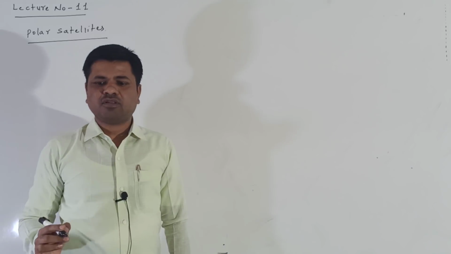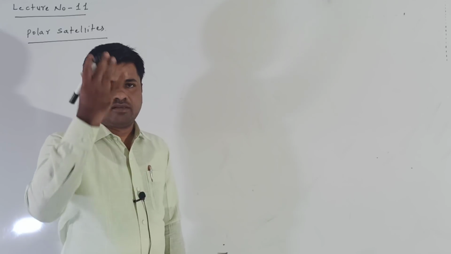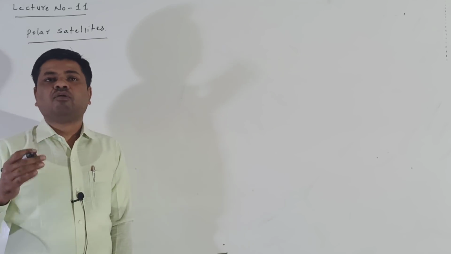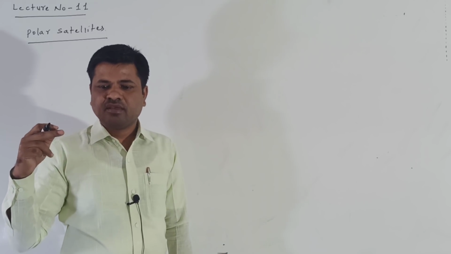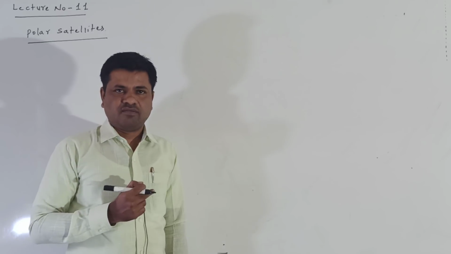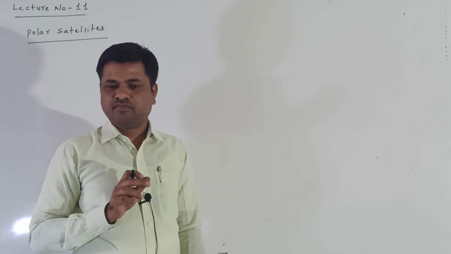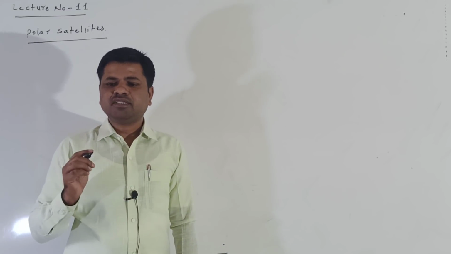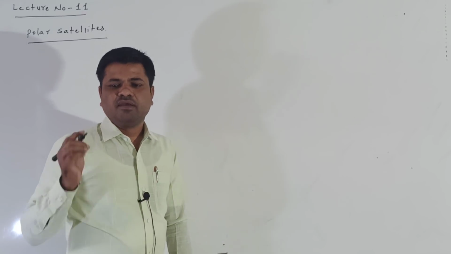Polar satellites are low altitude satellites, meaning low height satellites, which go around the poles of the Earth. Revolving around the poles in the north and south direction, from the south pole to the north pole, is known as a polar satellite. The orbit of the polar satellite is called a polar orbit.